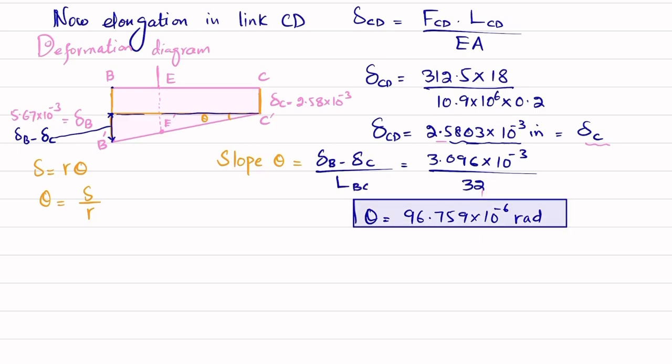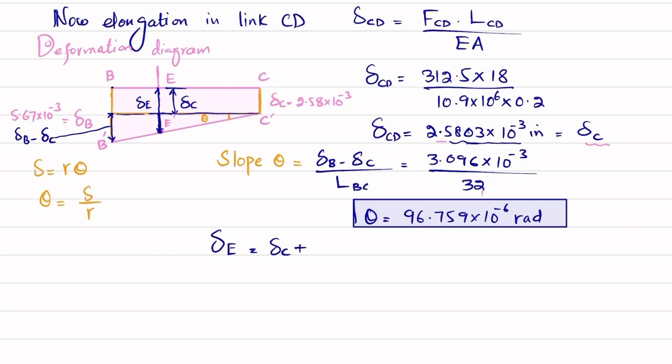Again, you can see you have this theta. So you can find this deflection, or del E. I will write it as del E. From this point to this point, this is del E. So you can see this del E is equal to, up till now, this distance from this to this is equal to del C. So I will write del C plus the remaining distance from this point till this point.